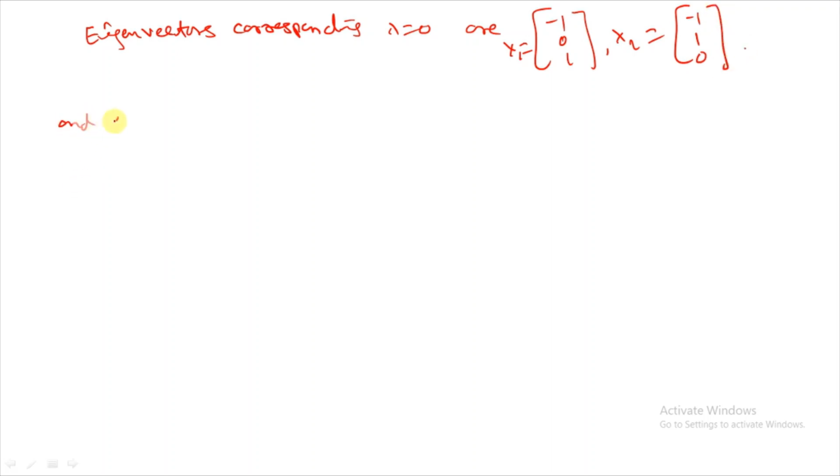The eigenvector corresponding to lambda equal to 3 is x3 equal to 1 1 1.